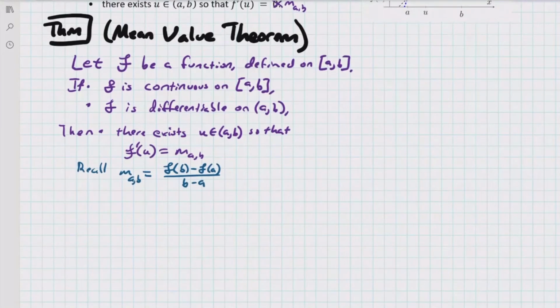How do we prove it? Okay, let's prove it. In order to prove this, we need Rolle's theorem.